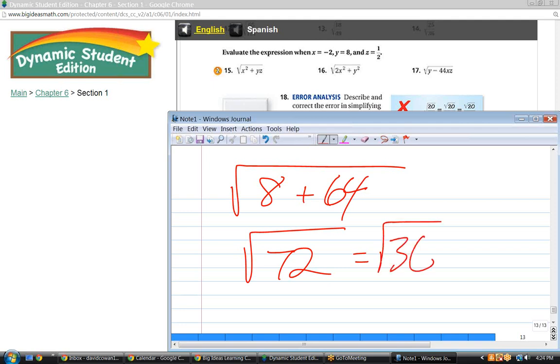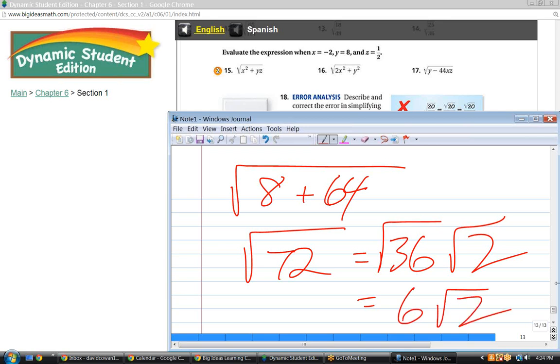Good. Not everybody would see that. Yeah. So square root of 36 times 2, and that's 6, and then root 2.